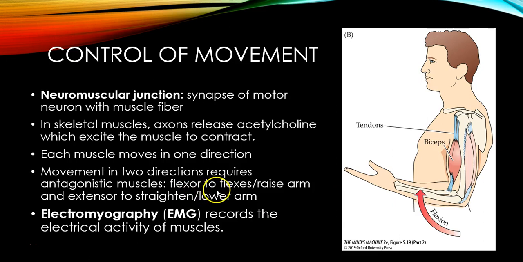So one muscle tenses in order to flex or raise the arm, that's your bicep, and then another to straighten or lower your arm, that's your tricep. So you've got two muscles that work in tandem, and when one is activated, your arm goes up. When the other is activated, your arm is straightened or lowered. And EMG, electromyography, is a machine that is able to record electrical activities of your muscles.